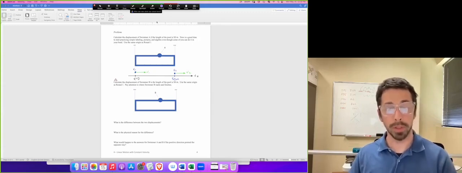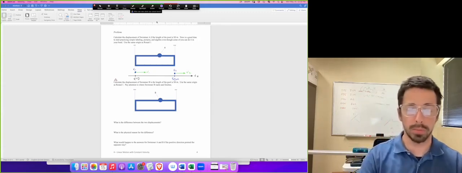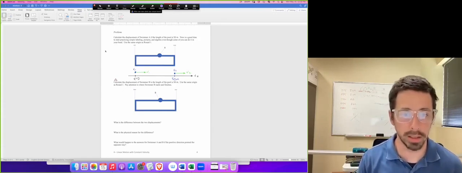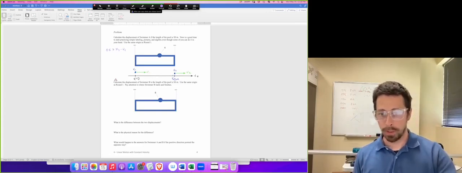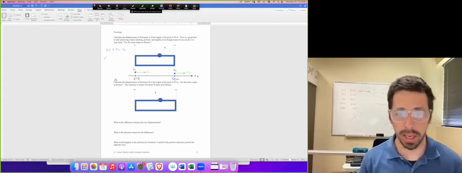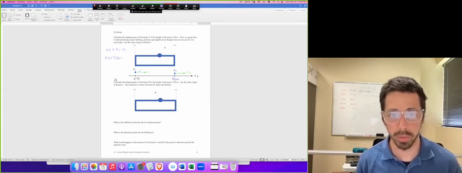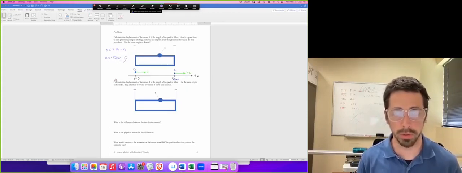From the picture, we start to apply that to my calculation. Delta x is equal to x2 minus x1. From my picture, I can see x2 is at 50 meters, so my delta x, my displacement, is 50 meters minus x1, which is 0 meters, or 0.